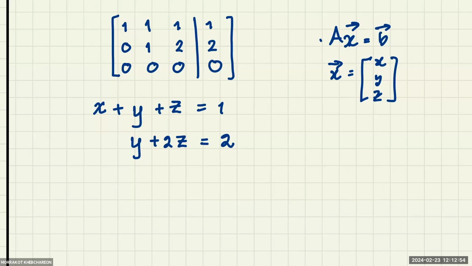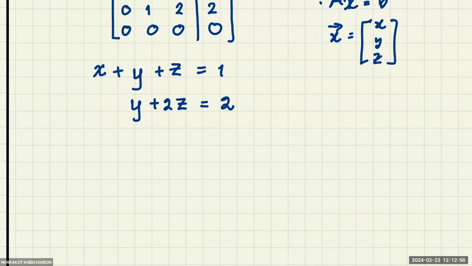In this case, from the second equation, I can write y as 2 minus 2z, right?